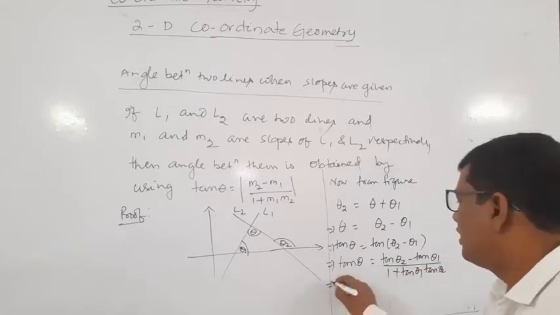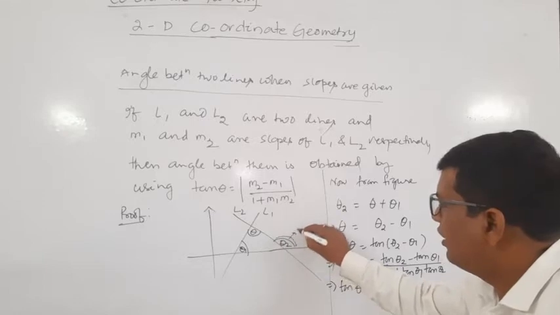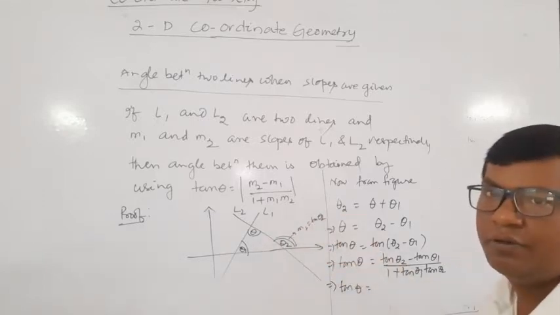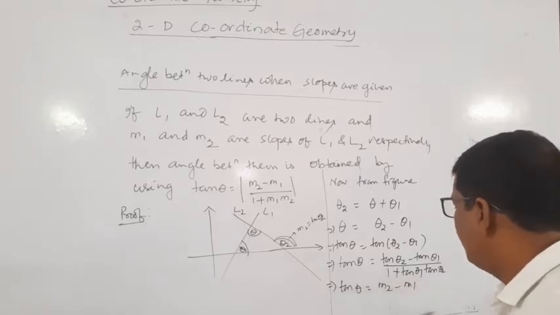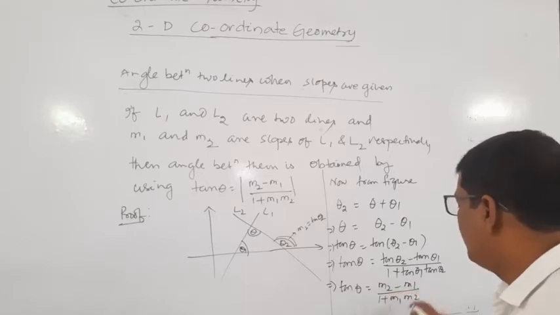Here tan theta 2 is m2, the slope of line 2, and tan theta 1 is m1. So this gives m2 minus m1 divided by 1 plus m1 into m2.